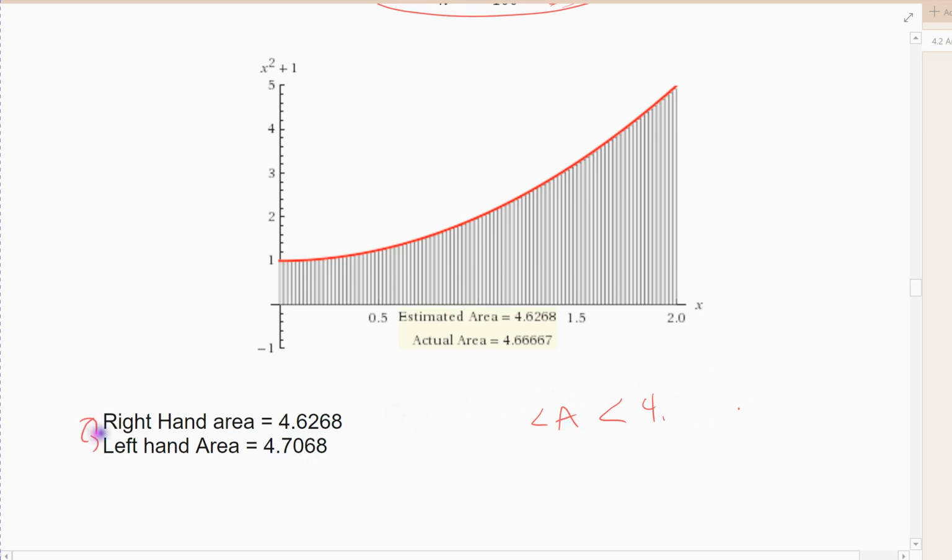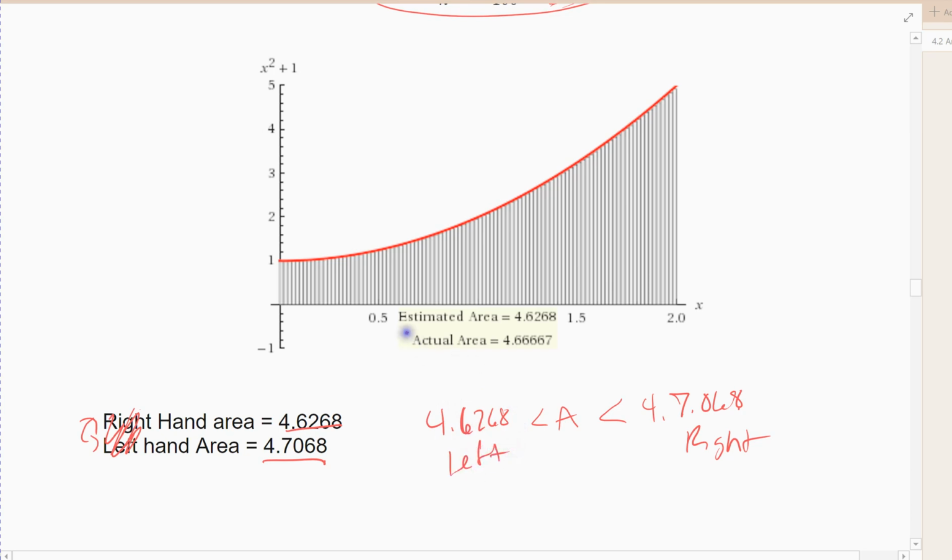It should have been left and right. So the actual area should be less than 4.7068, which would be the right area, and greater than 4.6268, which would be my left area.